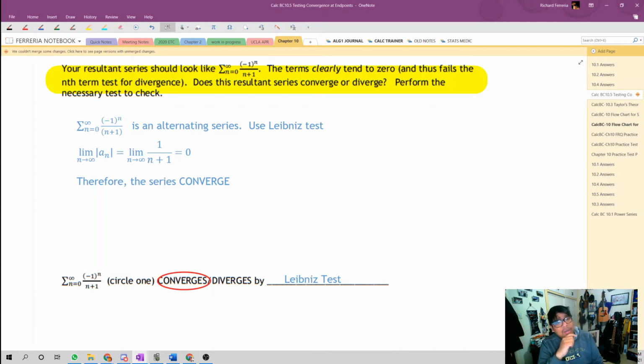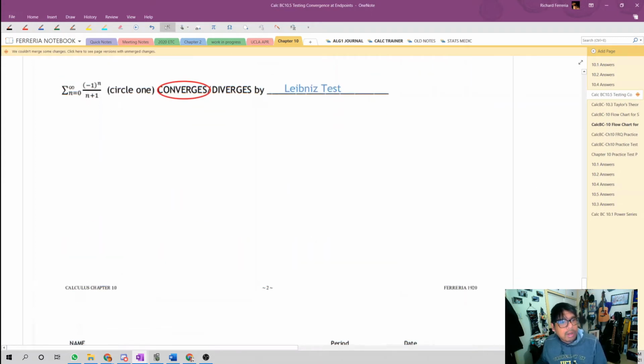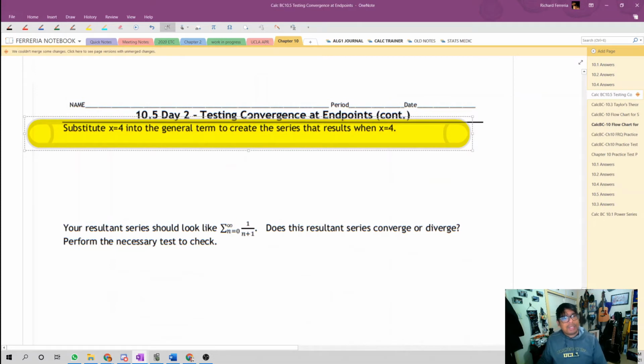Okay, notice how this is exactly what we were looking at in the previous days and all those previous limit lessons where we were looking at non-power series. This is why we do them. It's because when we substitute x, we get something that is not a power series. Okay, move on. Substitute x equals 4 into the general term to create the series that results when x equals 4.